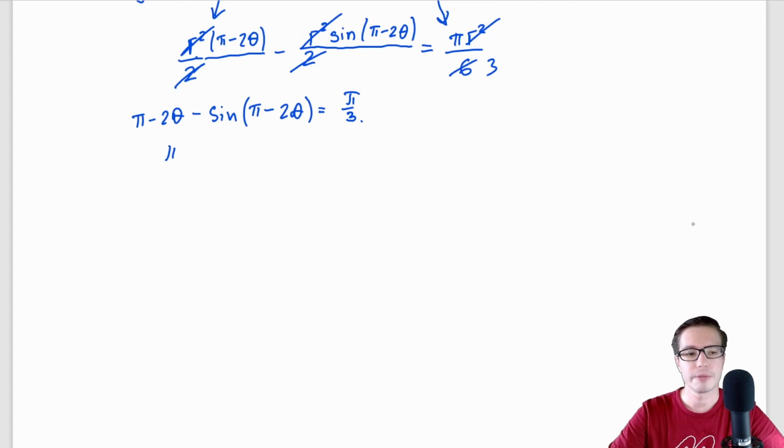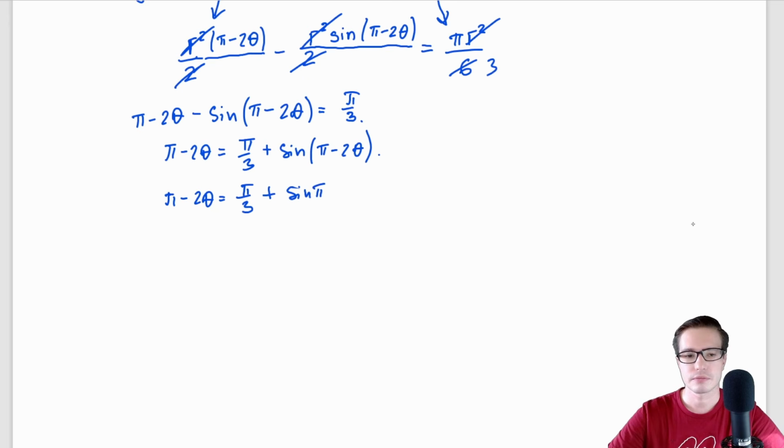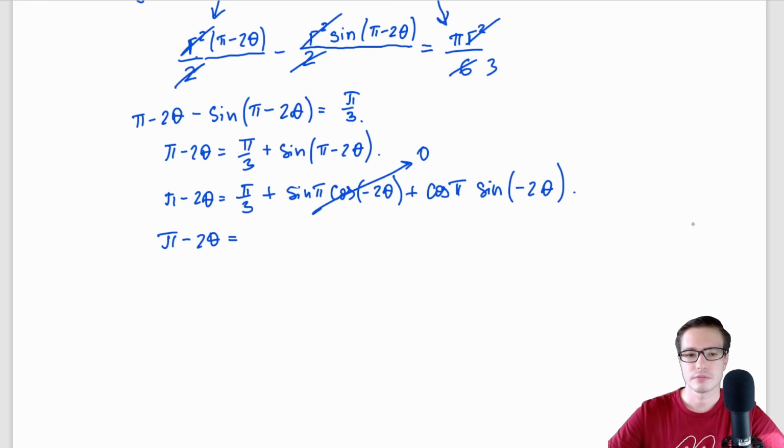Now let's rearrange this a little bit, and use the formula for the compound angle. Sine pi is 0. Cosine pi is -1.